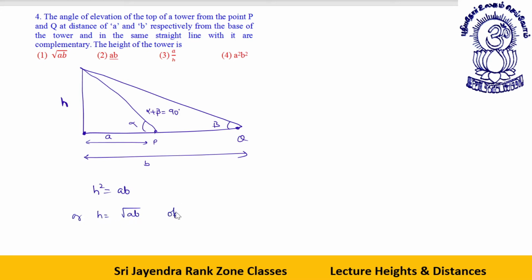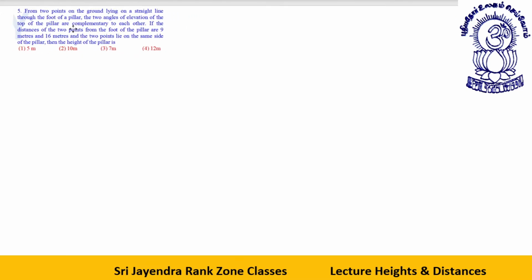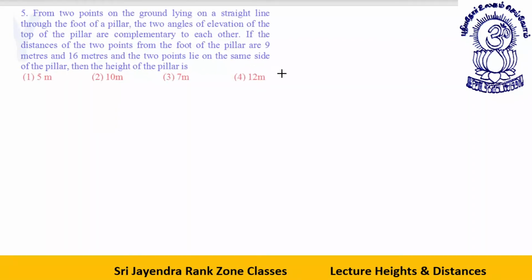That is option number 1 is the answer. Is it clear to everyone? Shall I take the next one? I think before I do it, now you will be able to solve it. Kindly try to do it.